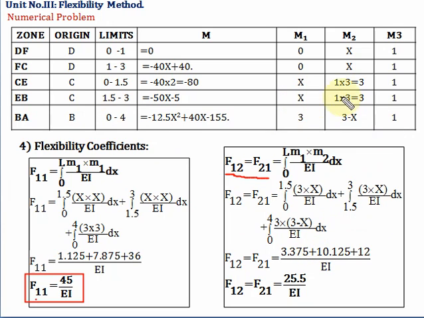So we are multiplying m1 into m2. After putting the values in this formula, you solve this integration and you will get the value. The final value of F12 equal to F21 is 25.5 upon EI. So this is the value of the second flexibility coefficient, that is F12 equal to F21.